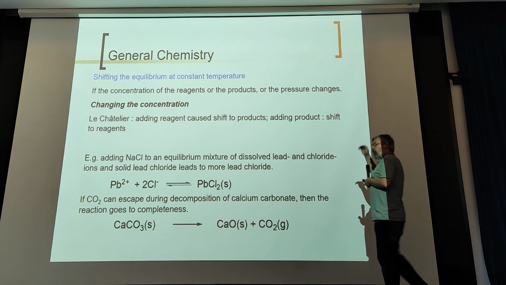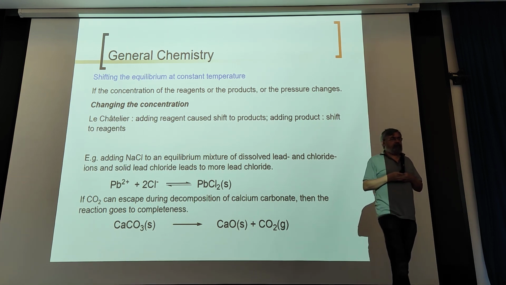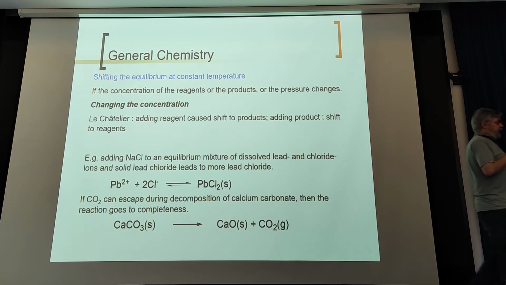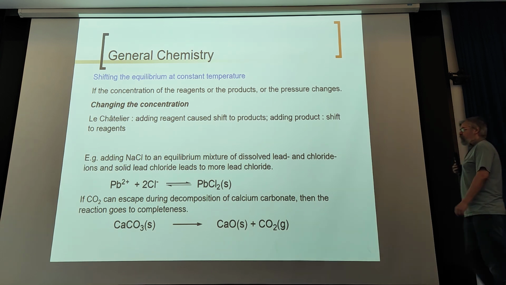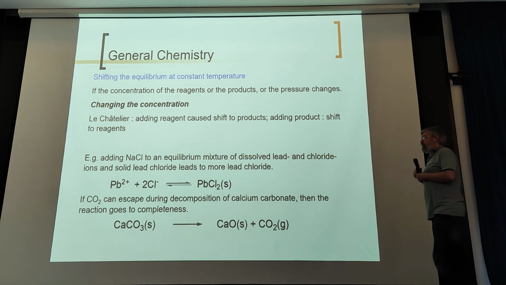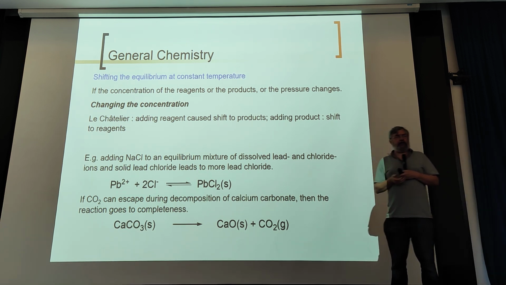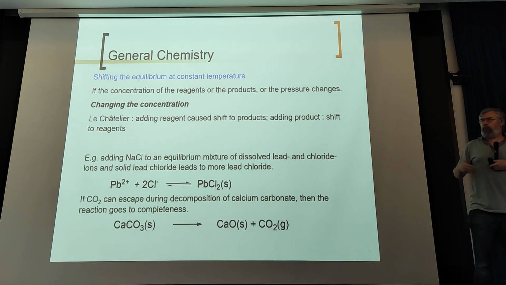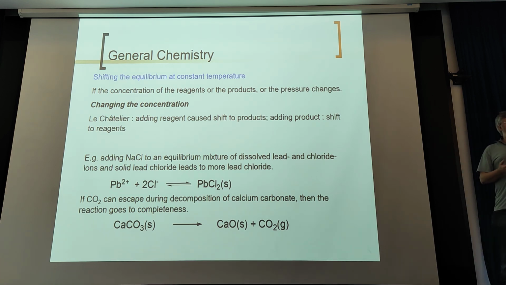This is something that we will encounter in one of the next chapters when we talk about solubility equilibrium. Suppose we have the precipitation reaction of lead chloride by combining lead cation and 2 chlorides. If we add chlorides, in the form of sodium chloride, you will precipitate more of the lead chloride, to take away this chloride.